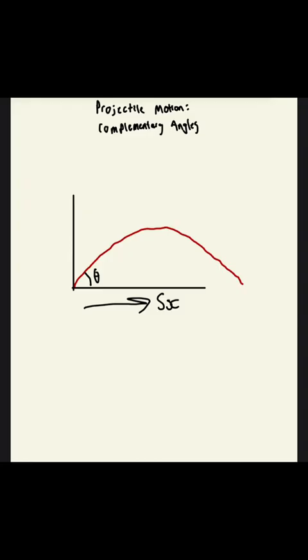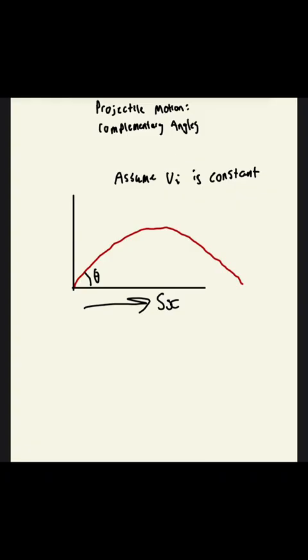Okay, so I'm going to write it up here, I'm assuming that Vi, or the initial velocity, is constant. Now Vi is Ux and Vx, but we're just going to call it Vi for now.